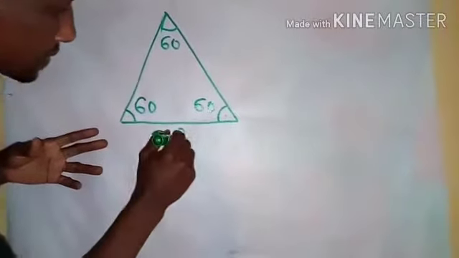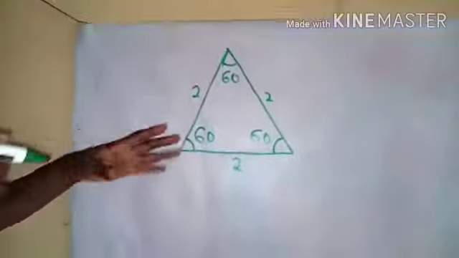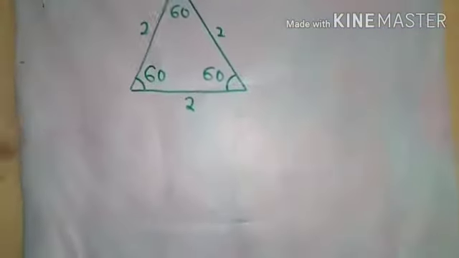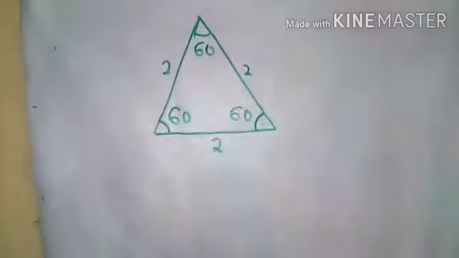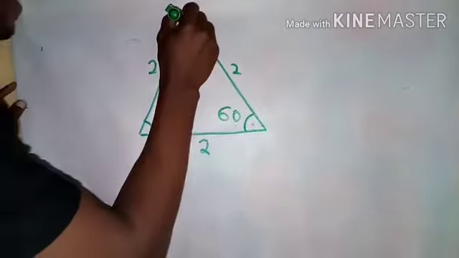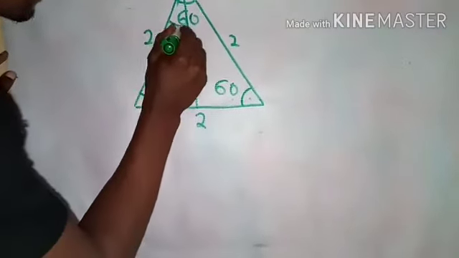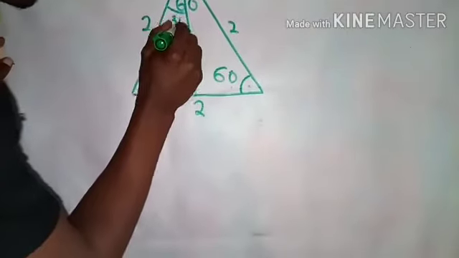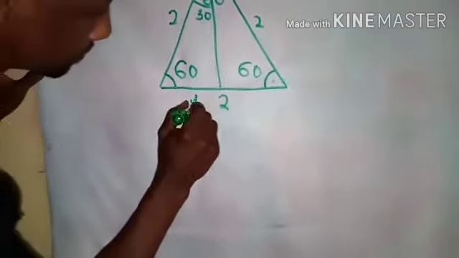So let's put these sides to be 2, since we have equal angles and equal sides. Then we want to get 30, so that means we have to divide this into 2. So automatically, we're going to have 30 here. Then this will give us what? 1.